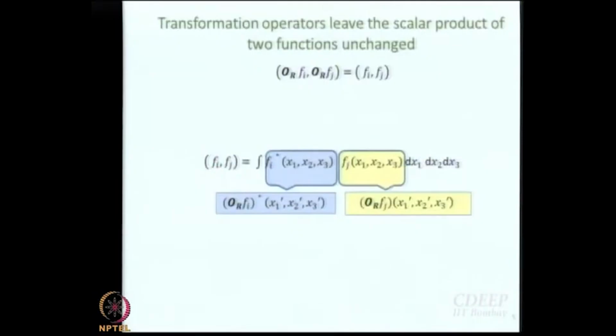Yes, over Fj in terms of x1 dashed, x2 dashed, x3 dashed. And now see, if you look at this, does it not almost look like the scalar product of ORFi and ORFj? What is left to make this a scalar product?